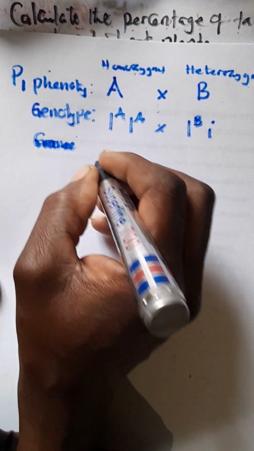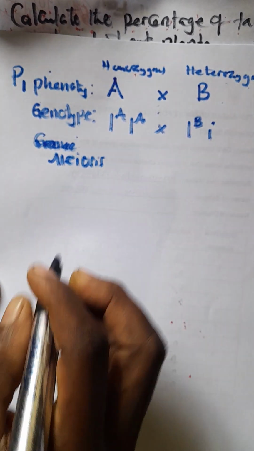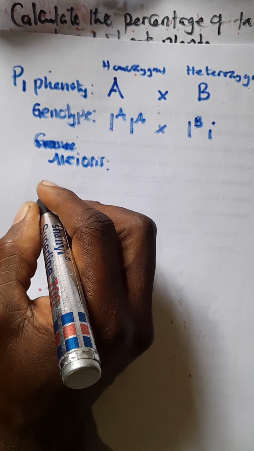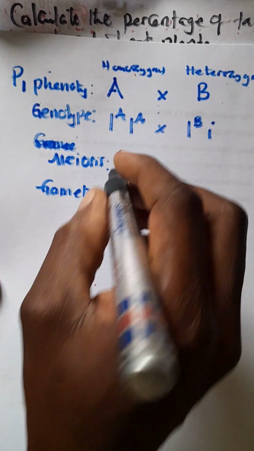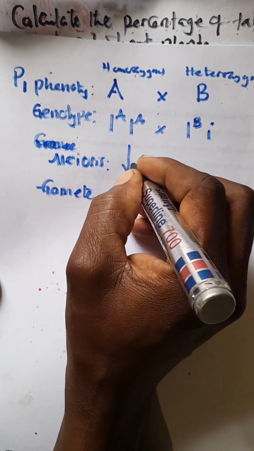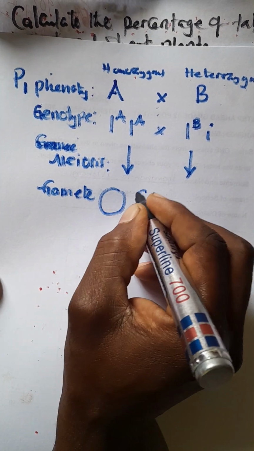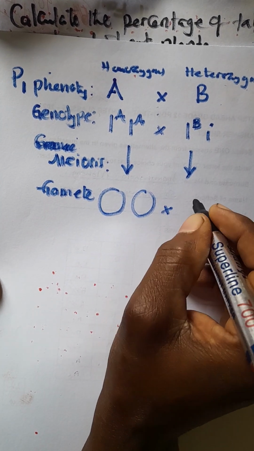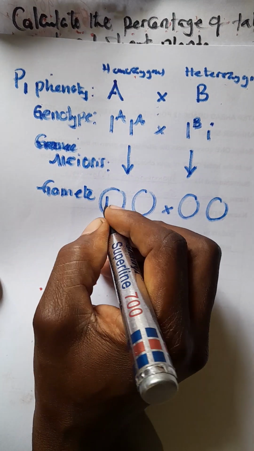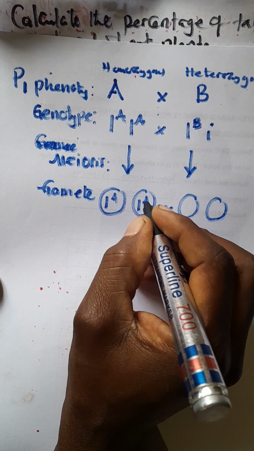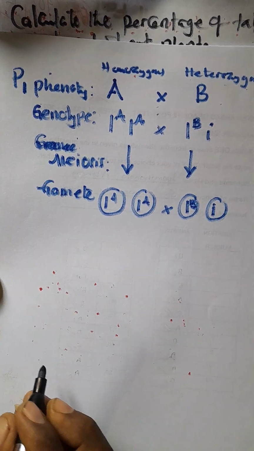We're going to have meiosis. Meiosis, these alleles are going to separate to form what? Gametes. So when meiosis occurs here, it's going to form 4 gametes, 2 from each parent. So you're going to have IA, IA, IB, I recessive.